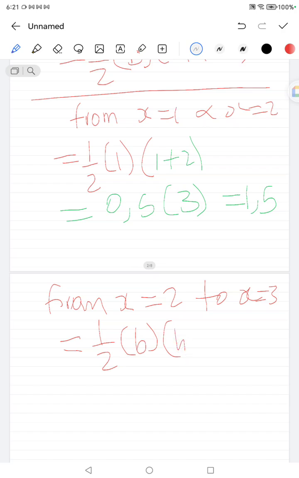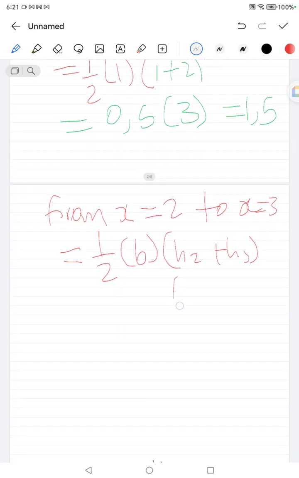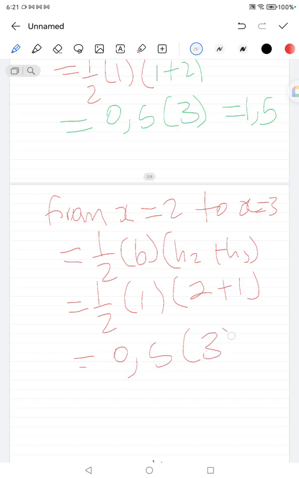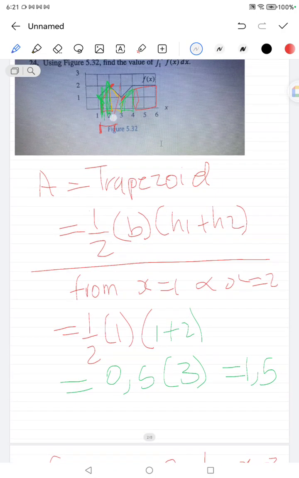You have your h2 plus your h3. Then you check what the heights are. The first height is this one, which is your 2. The second one is your 1. So you have 2 plus 1. This side is still 1, so half of 1, that is 0.5, into 3. This one gives you 1.5. Then you are done with the second one.